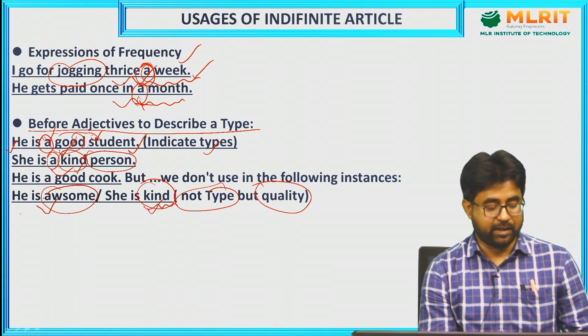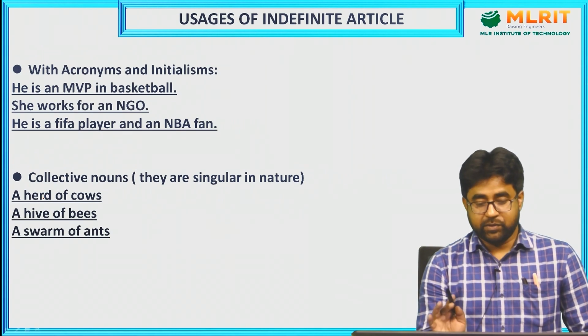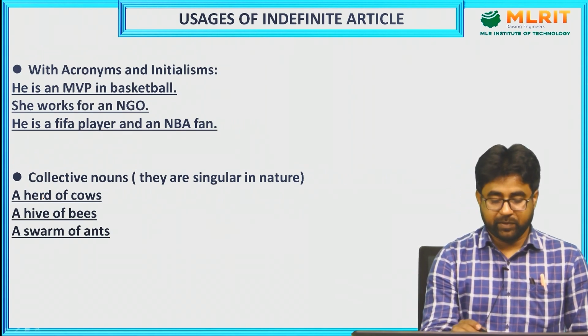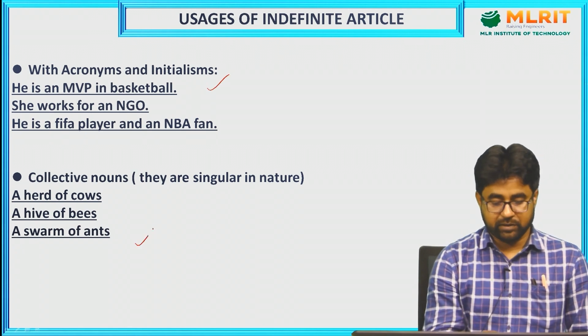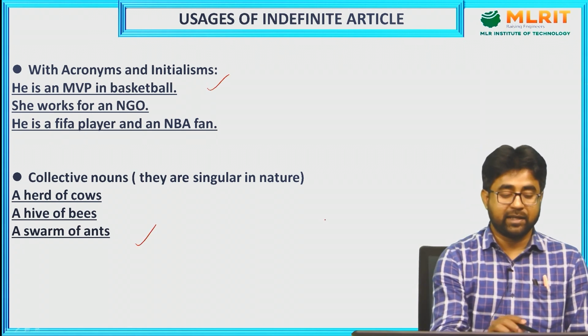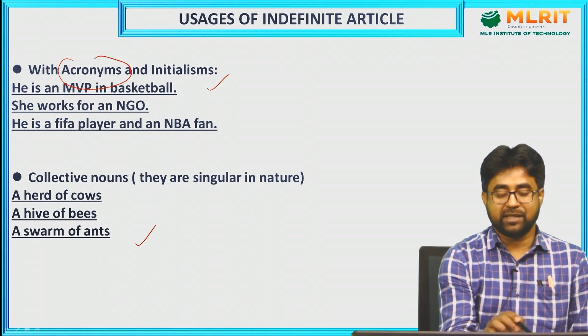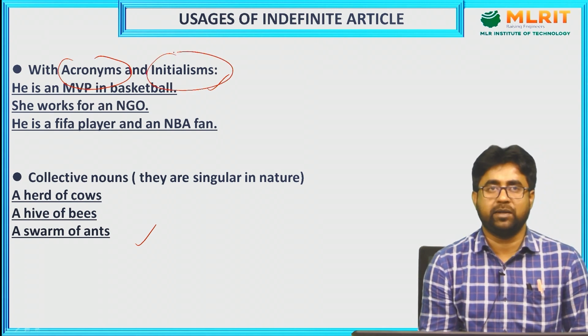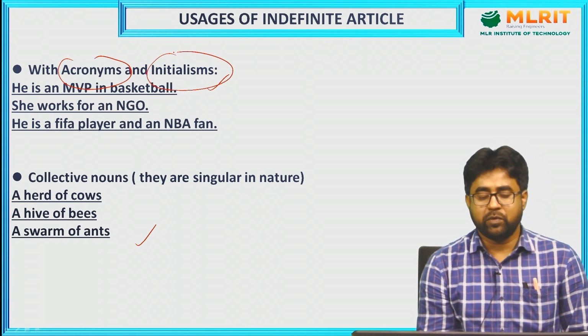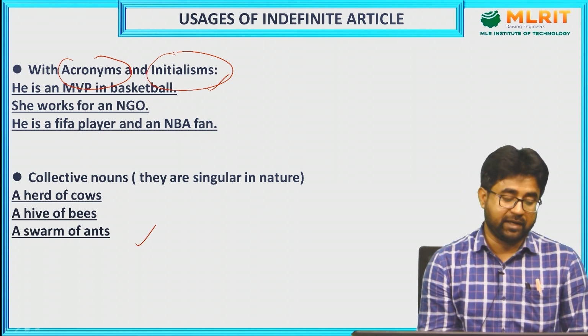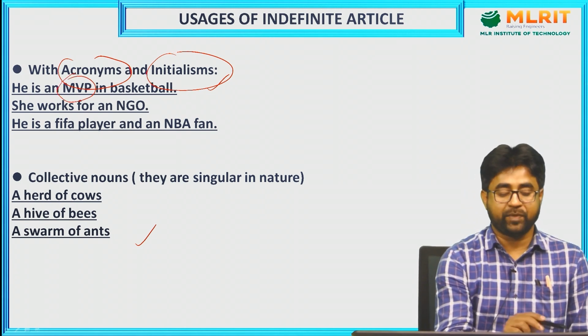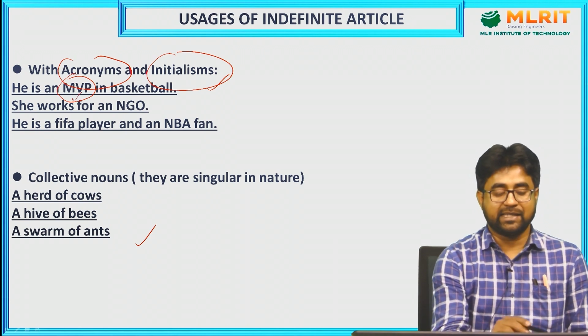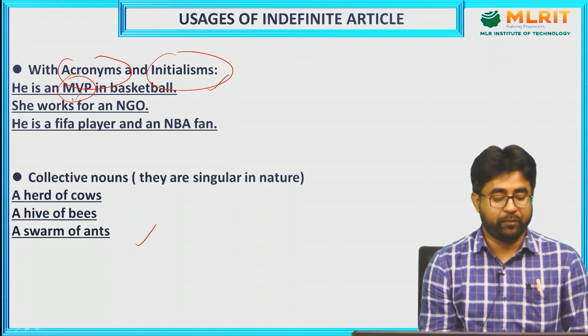Please remember that. These two are the last two usages of indefinite articles. First, with acronyms and initialisms. You all know what acronyms and initialisms are, right? Before such an initialism or acronym also we use the indefinite article. He is an MVP. This is an example of an initialism.